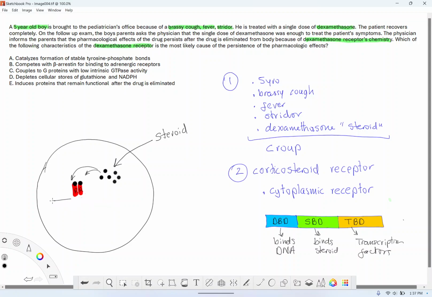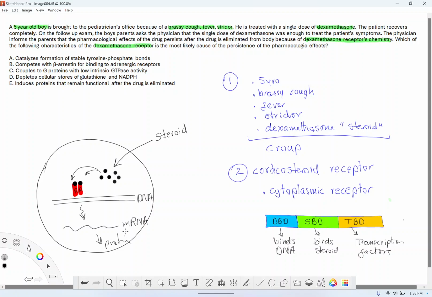Once they are active, they bind to DNA sequence. They will travel into the nucleus and attach to DNA. And this will cause transcription of DNA to mRNA. And then mRNA in the cytoplasm is made into proteins. So this is the general mechanism.